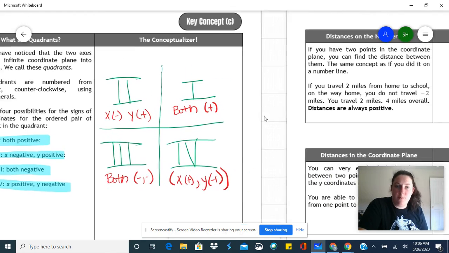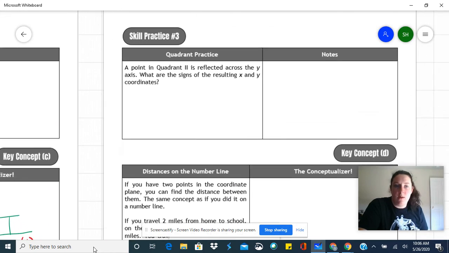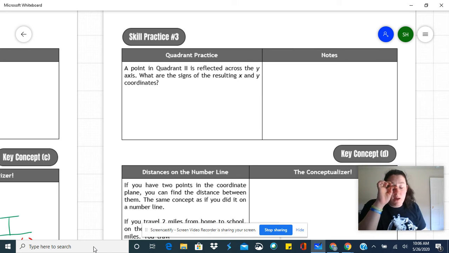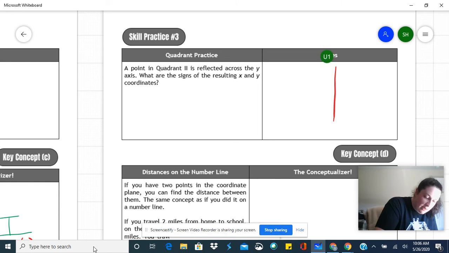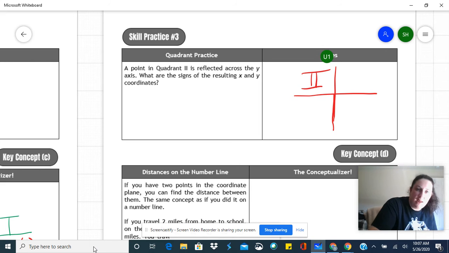So, a point in quadrant 2 is reflected across the y-axis. What are the signs of the resulting xy coordinate? So, basically what this is saying, sounds complicated. It's not, I promise. So if I have my quadrants, right, and I'm starting in quadrant 2, and it's reflected over the y-axis, so we know this is y right here.